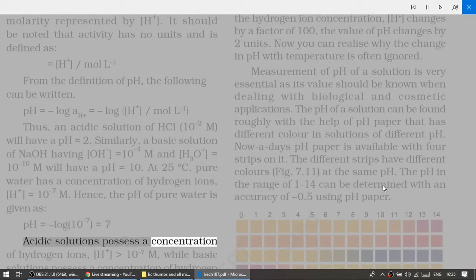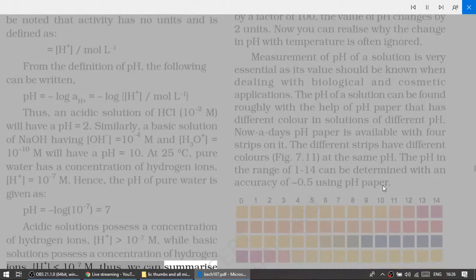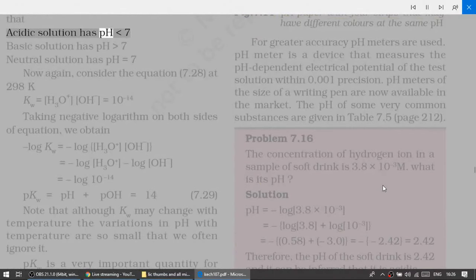Acidic solutions possess a concentration of hydrogen ions, [H+] > 10^-7 M, while basic solutions possess [H+] < 10^-7 M. Thus, we can summarize that an acidic solution has pH < 7, a basic solution has pH > 7, and a neutral solution has pH = 7.